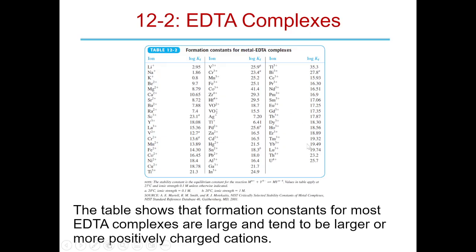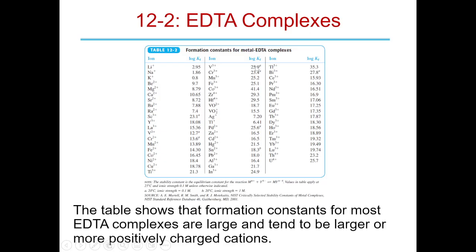And that's because EDTA tends to be a pretty good binder of any metal. Larger, more positively charged cations will be better at binding it. You notice that this gets very large once it gets up to like V3+, which is both large and highly charged, right?